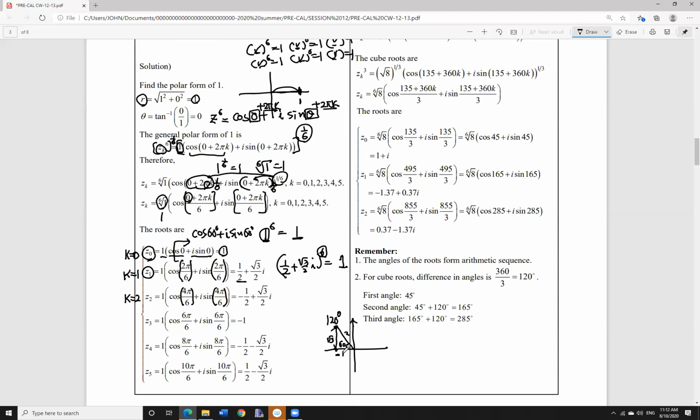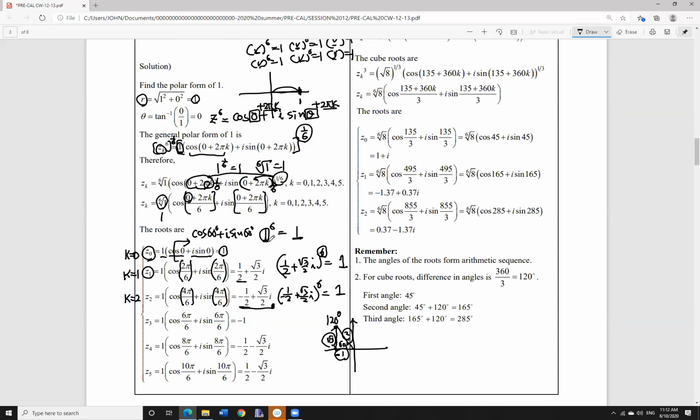So cosine 4 pi over 6, which is cosine 120, equals negative 1 over 2, isn't it? That's why we got the negative 1 over 2. What is sine 120? Root 3 over 2, right? Root 3 over 2 i. That is the third one. When you raise this to the 6th power, it's going to be the same, 1.